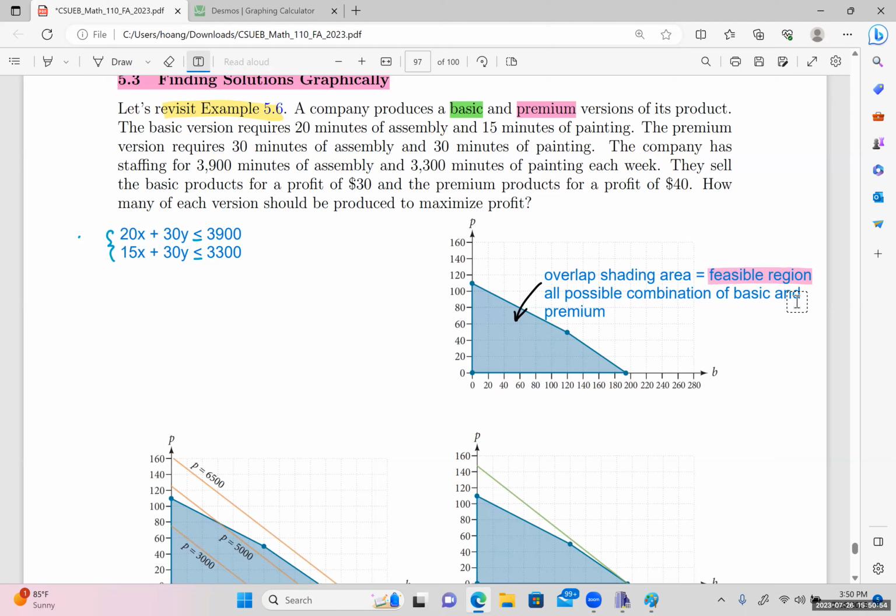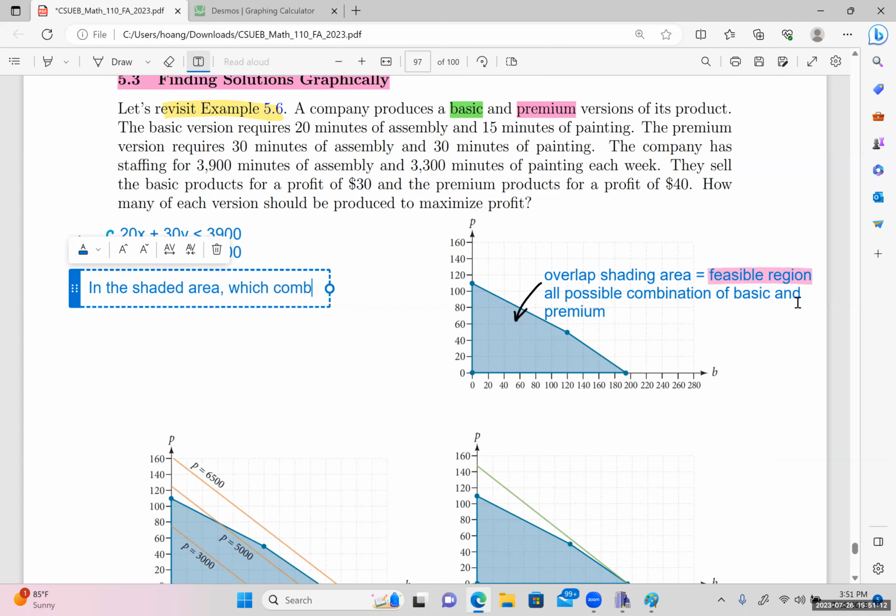So in the shaded area, which combination gives a maximum profit?